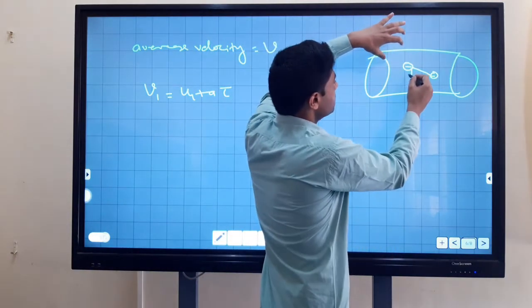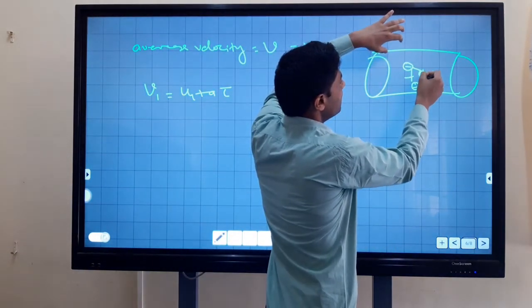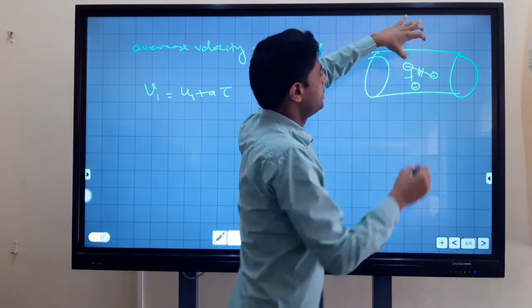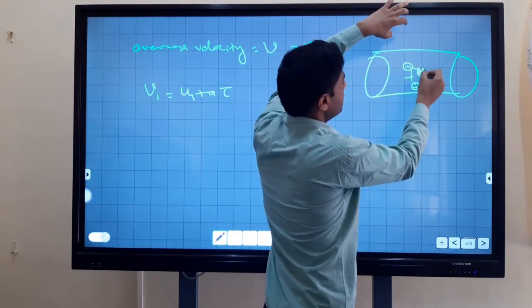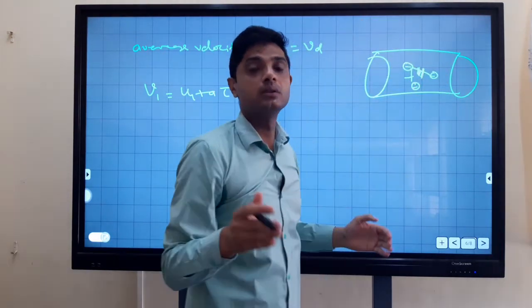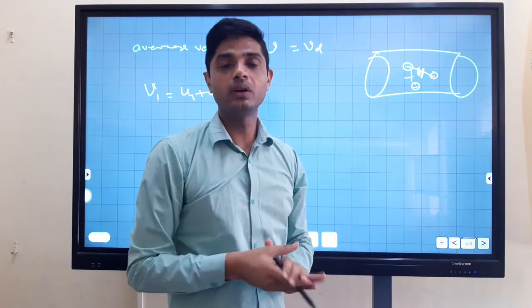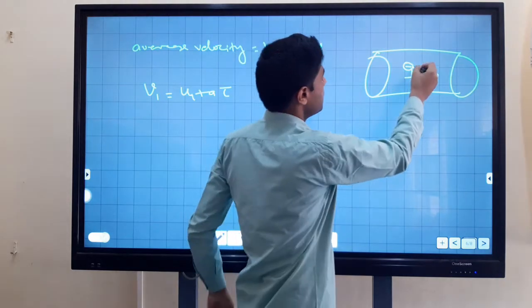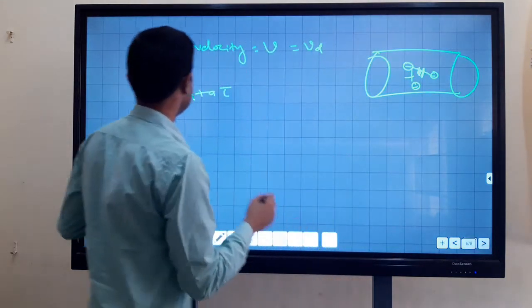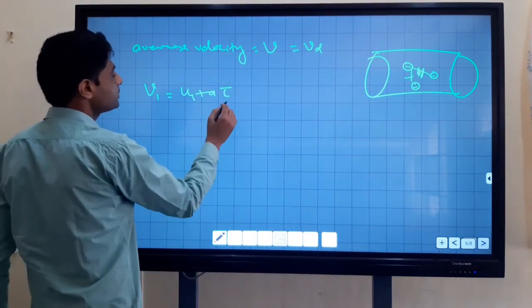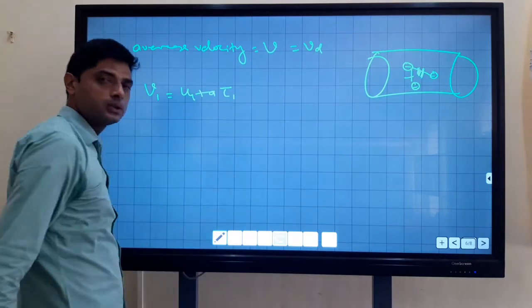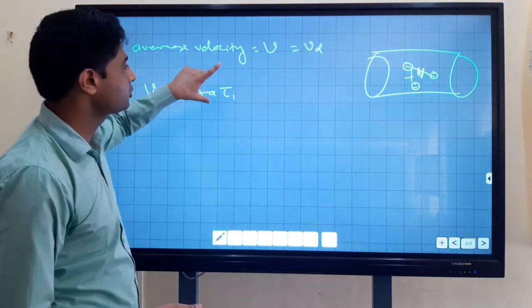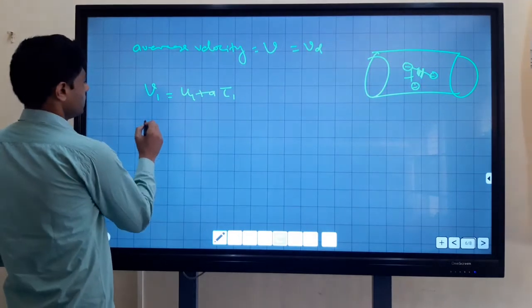The free path between two successive collisions of an electron is known as relaxation time.